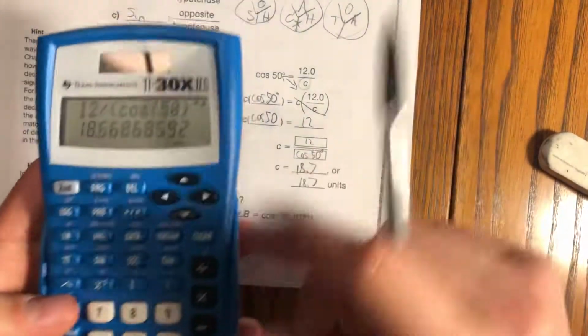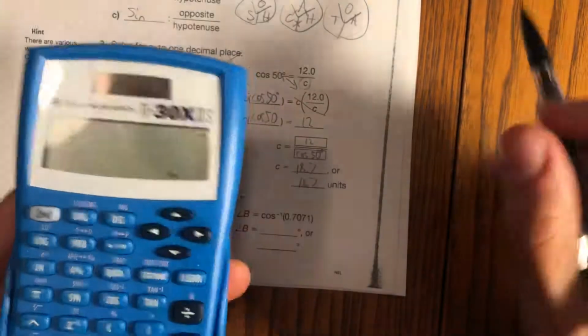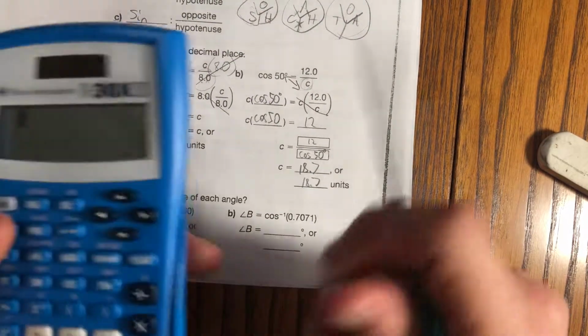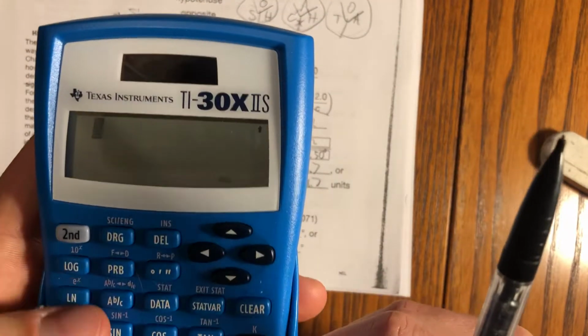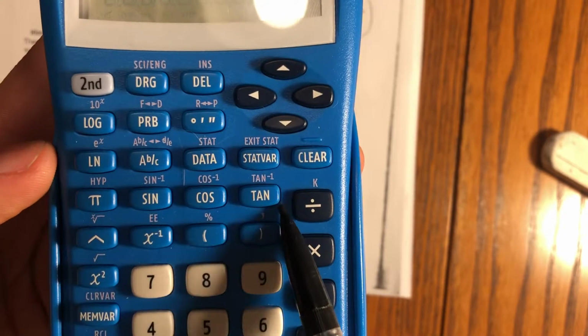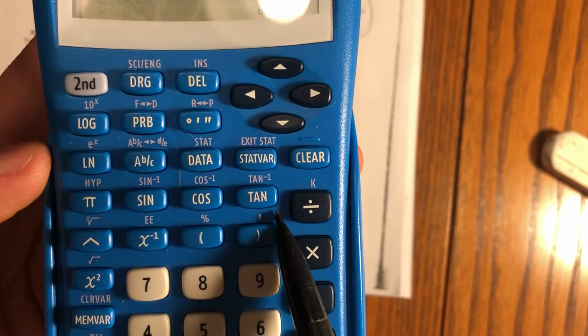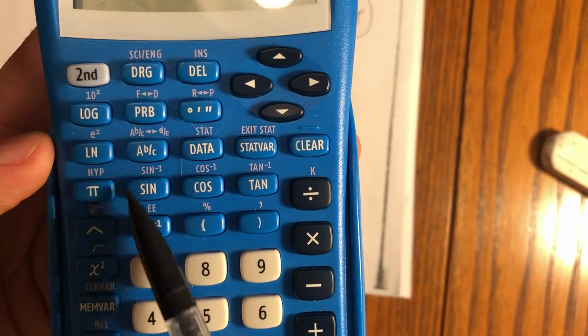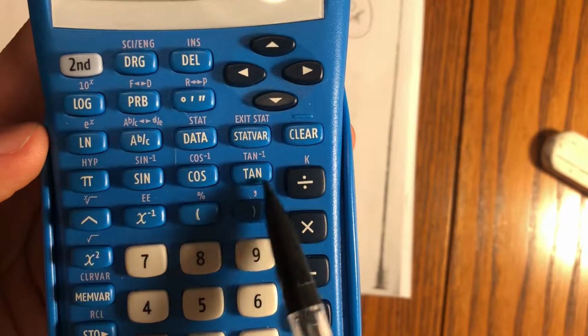Okay, so I'll show you on the calculator how to do that. So it's a sine inverse of 0.8660. So we have to put sine inverse. If you can see on the calculator, we were using sine cos tan just normally and writing in a number. Now the inverse is actually above it in a different color.